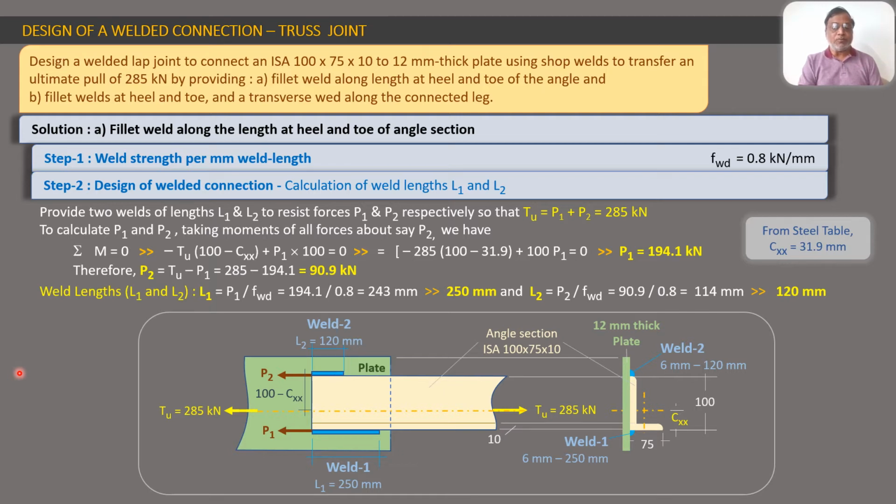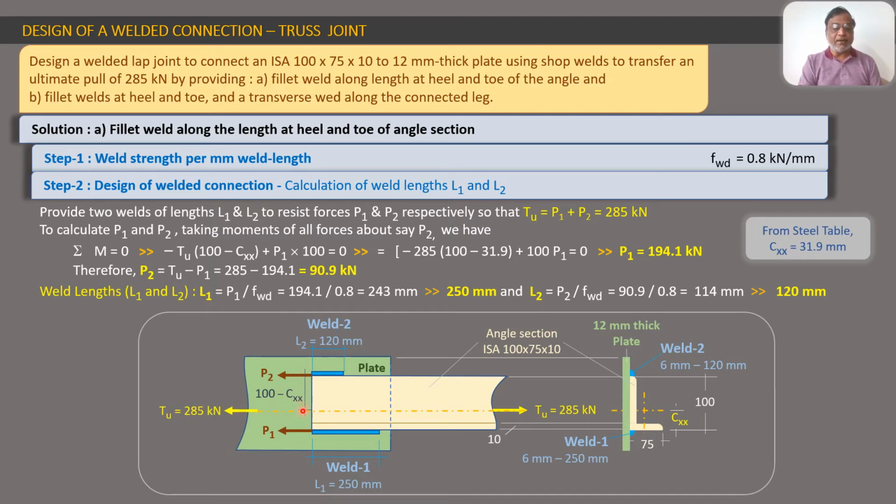So the moment of force Tu about P2 will be the magnitude of Tu into the distance of Tu from force P2. You have to take the perpendicular distance between Tu and P2. So Tu into this perpendicular distance. What is this perpendicular distance?